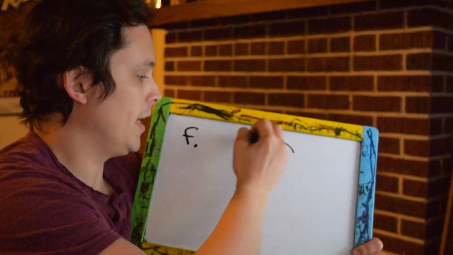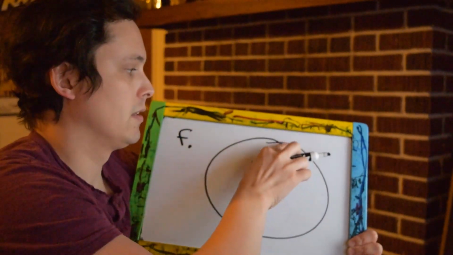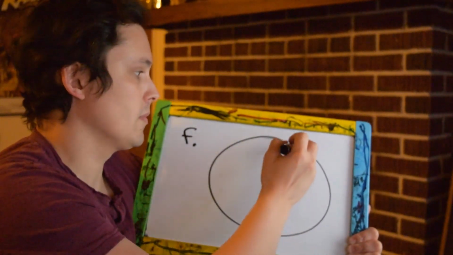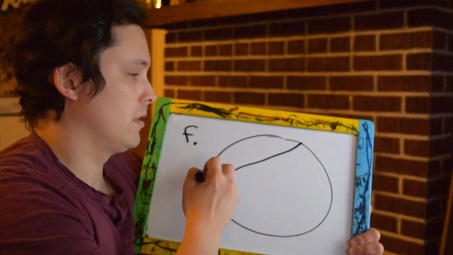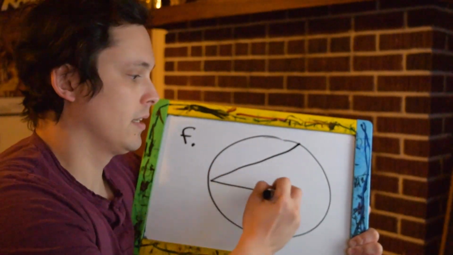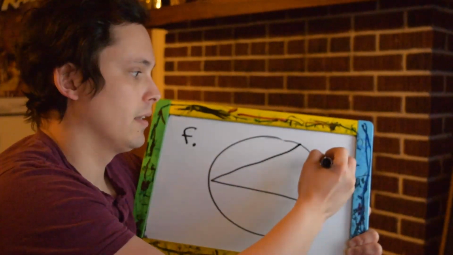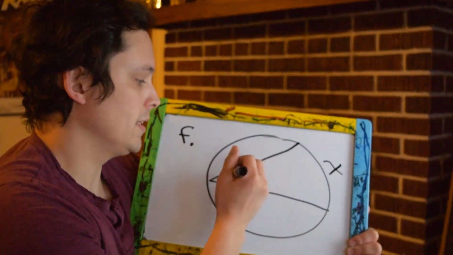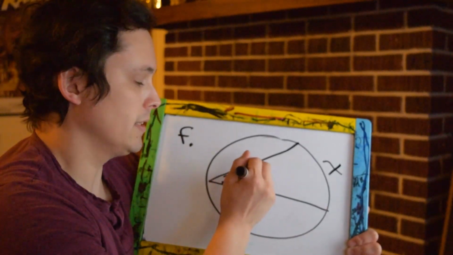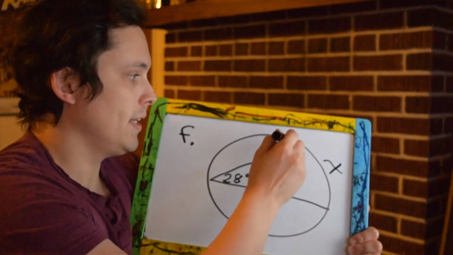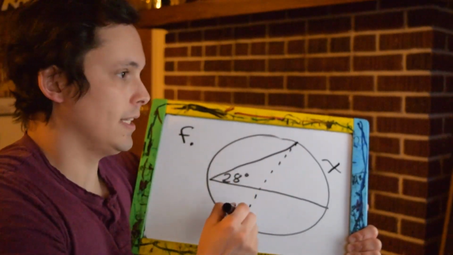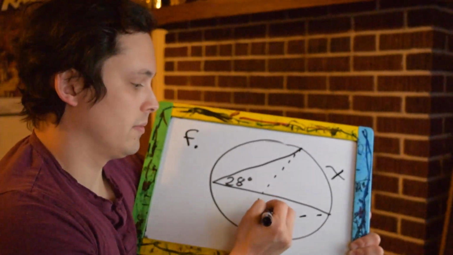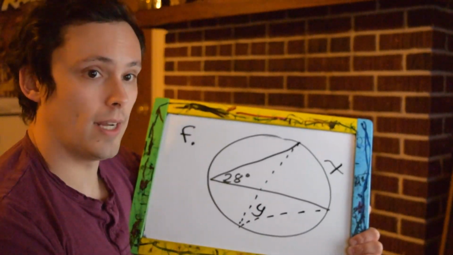All right, in problem F, we have a line cutting across there and there with an arc labeled as x. We have that this angle is 28 degrees. We then have a dashed line cutting down from here and here, and we have y.